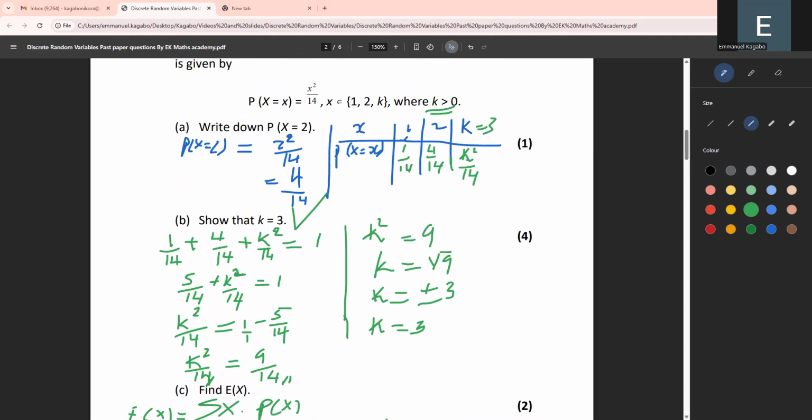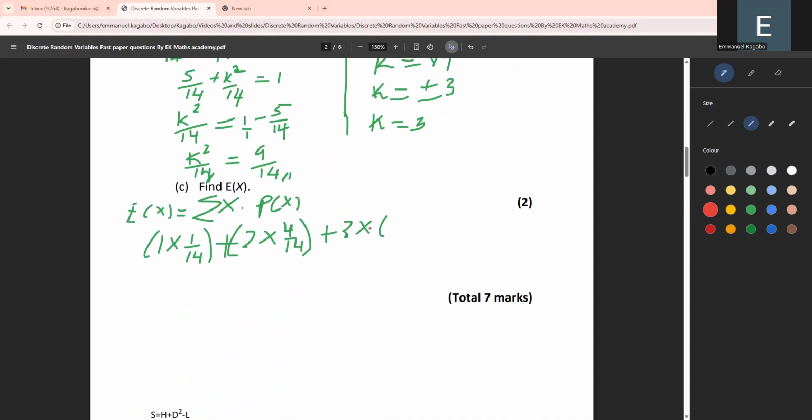Remember, the k value is 3. 3 squared means the probability here is going to be 9 out of 14. That's the probability for that. So this is 3 times 9 over 14. Altogether, guys, very good.